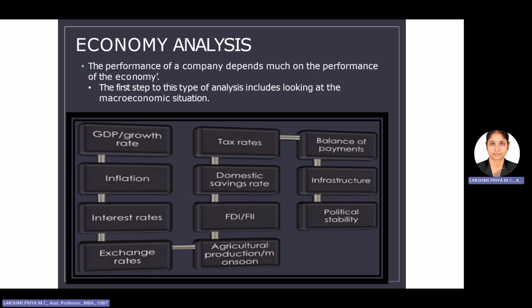And the commonly analyzed macroeconomic factors, as you are looking on the slide, are gross domestic product, savings and investment, interest rates, budget and fiscal deficit, tax structure, balance of payments, foreign direct investment, investment by foreign institutional investors, international economic conditions, business cycles and investor psychology, monsoon and agriculture, infrastructure facilities, and demographic factors.